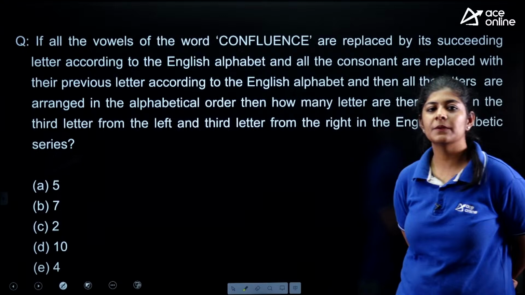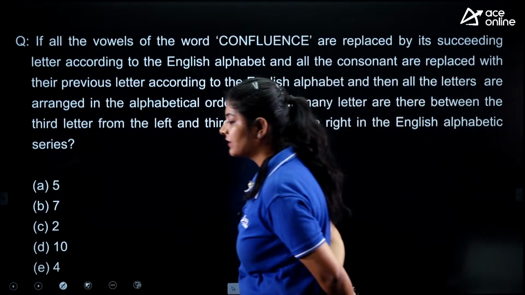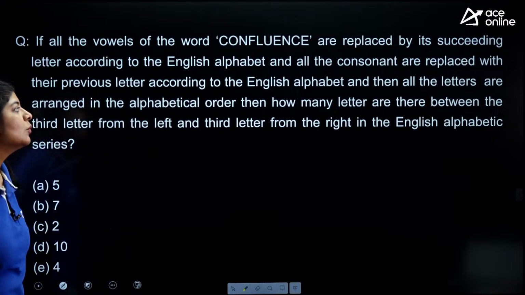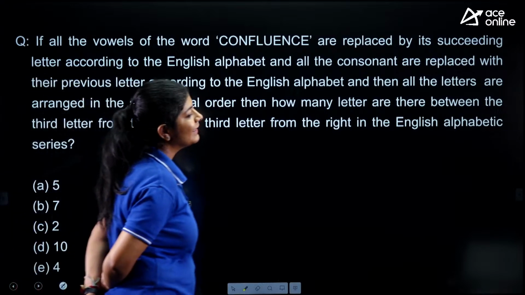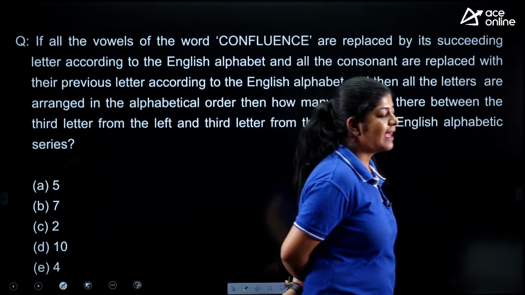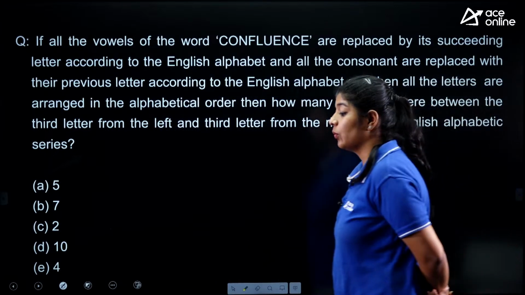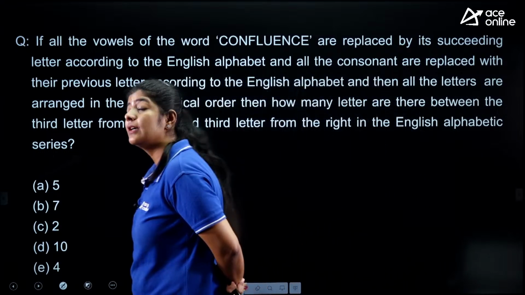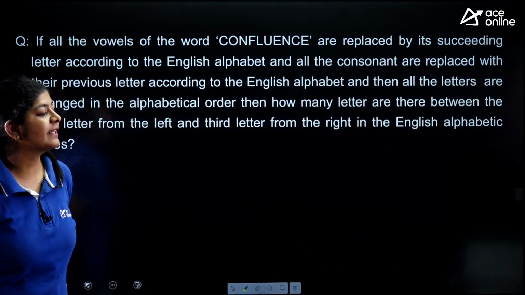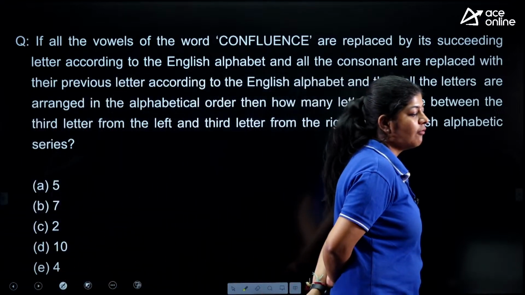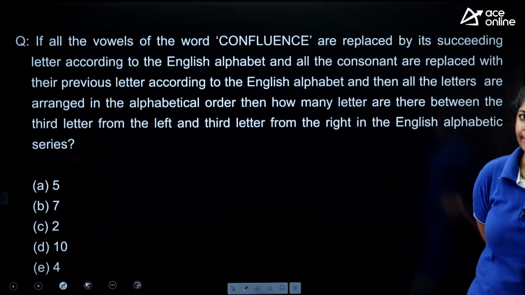This is a very simple one. First, make the changes as per the requirements. Then we have to arrange them in ascending order. Once we have our arrangement, we need to figure out the third letter from the left and the right, and we simply need to find the number of English alphabets in between them.